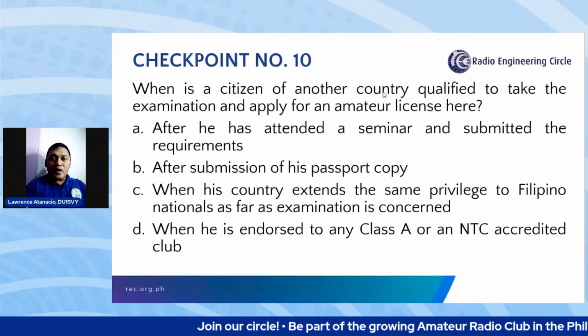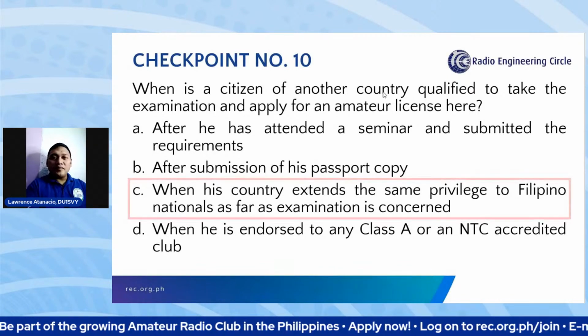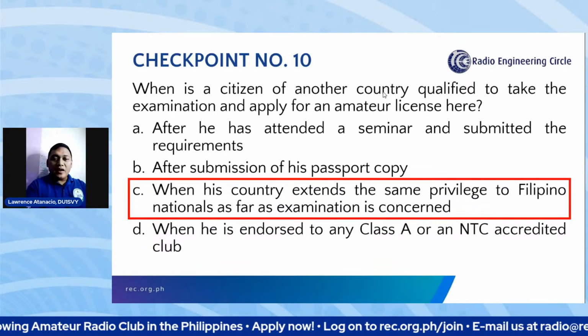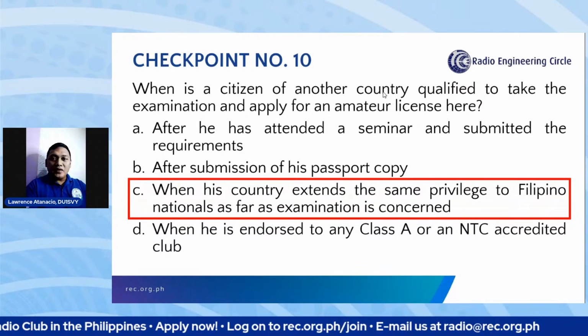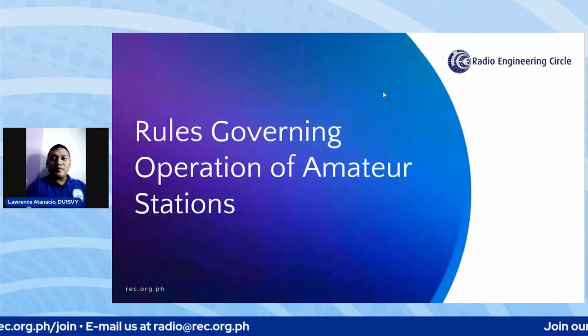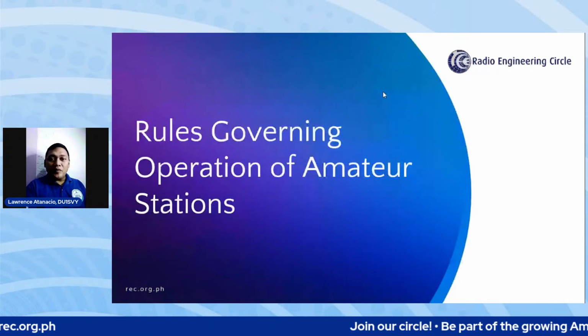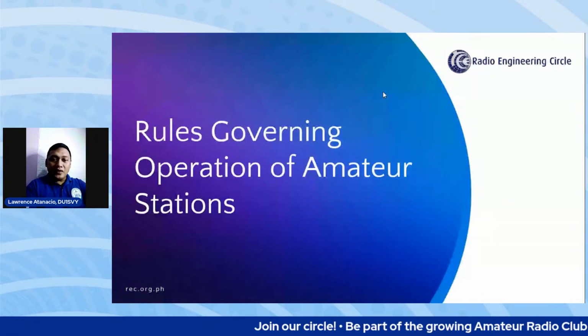Or letter D. When he is endorsed to any Class A or an NTC accredited club. What is the correct answer? Okay, letter C. When his country extends the same privilege to Filipino nationals as far as examination is concerned. Next slide.